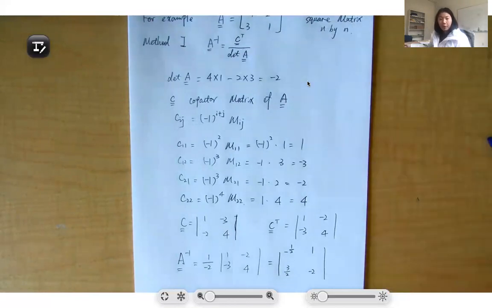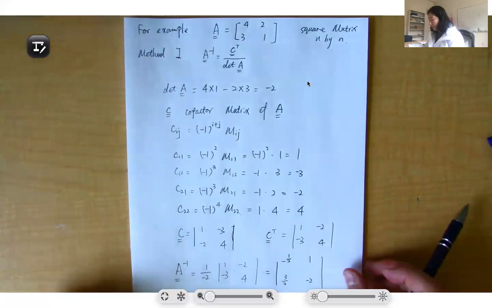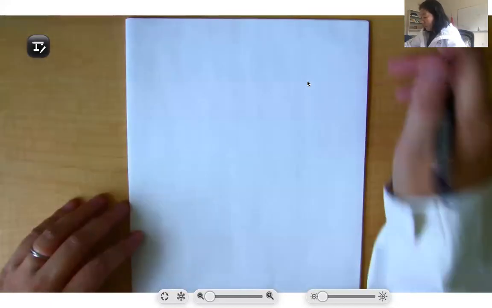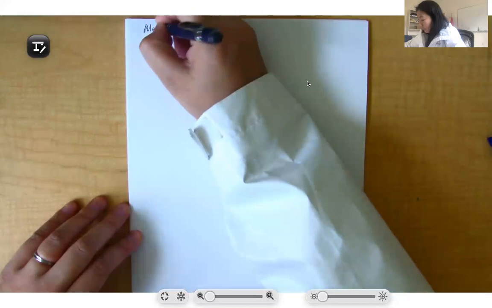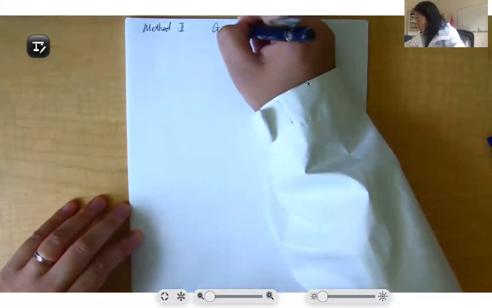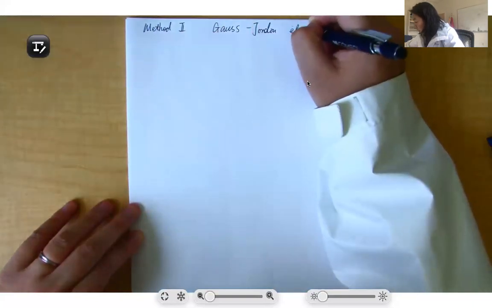Then the second method, we will use Gauss-Jordan elimination to solve for the A inverse. Let's see how we use Gauss-Jordan's method. We will use the same example here. So method 2, Gauss-Jordan elimination.